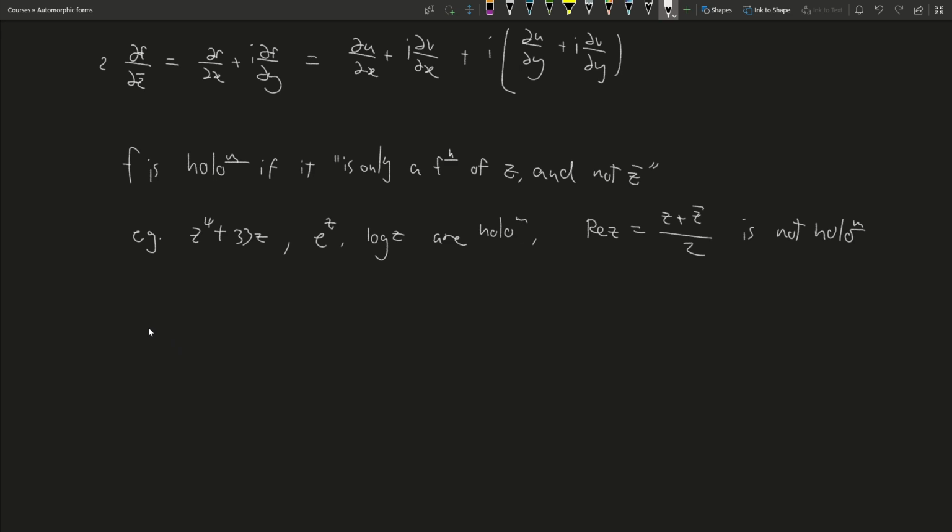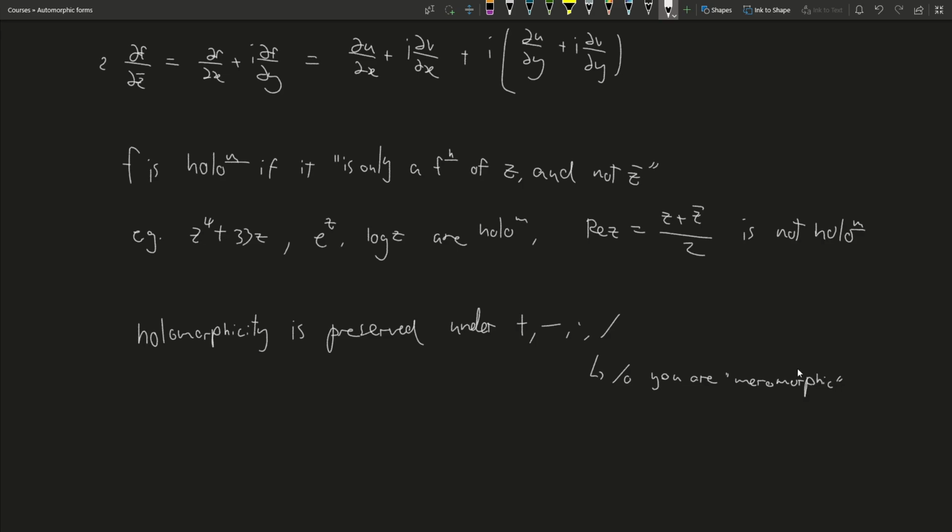The reason why you can just tell by looking at something is because of the following fact: holomorphicity is preserved under the 4 usual arithmetic operations, with a caveat that if you divide by 0, you are what's called meromorphic, which I'll define in a second.